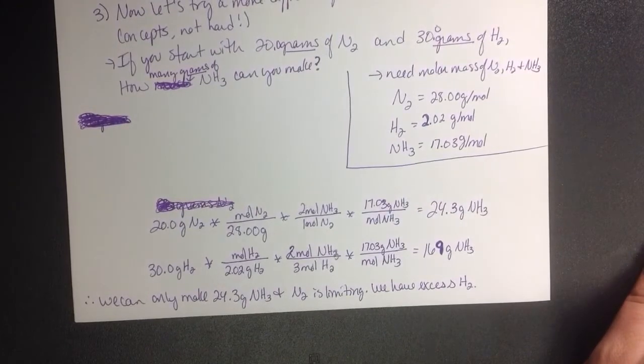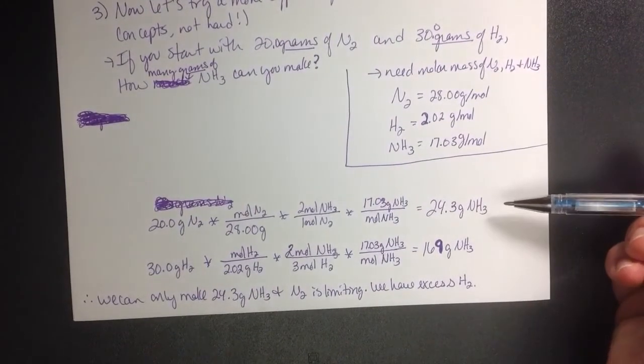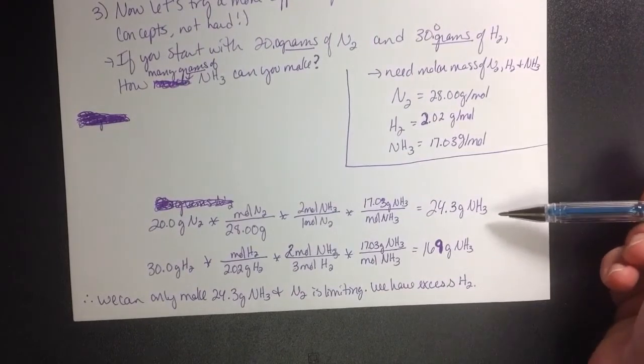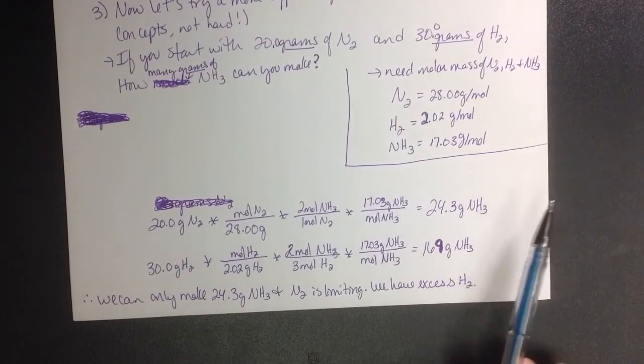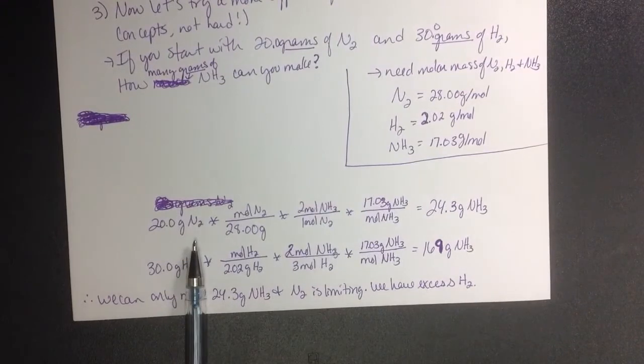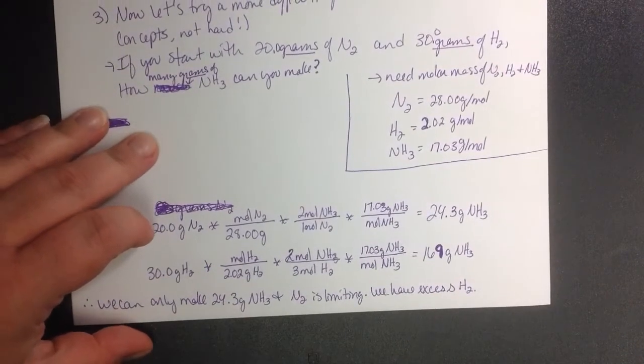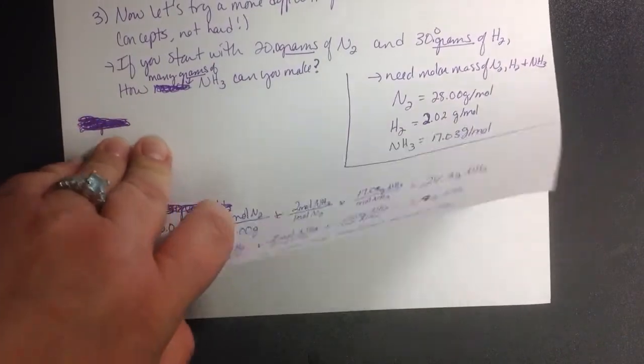Now it's certainly true that this is a much smaller value than this of NH3. So that means that our limiting reagent, go back to the beginning, is N2. Therefore we can only make 24.3 grams of NH3. Now, we're going to have excess of H2.